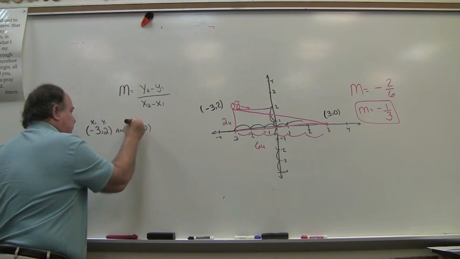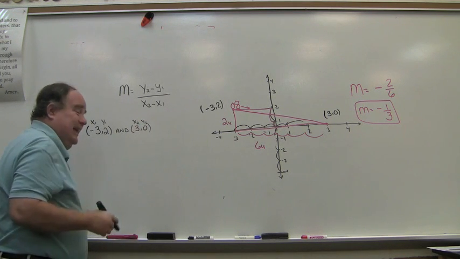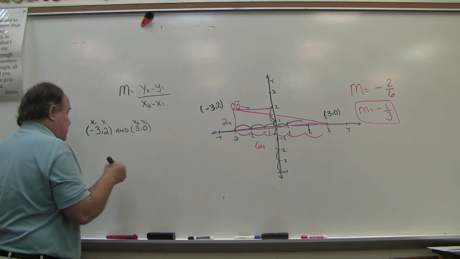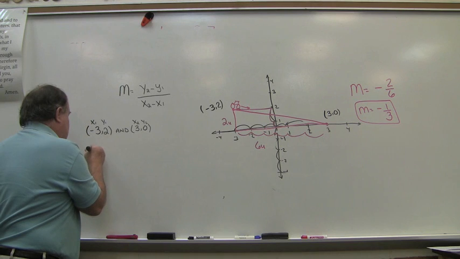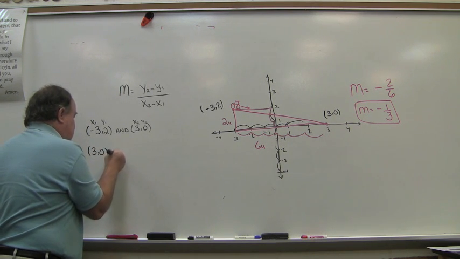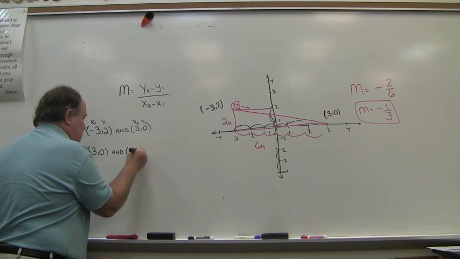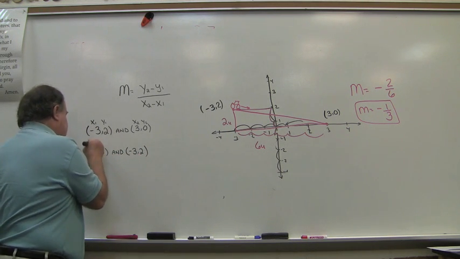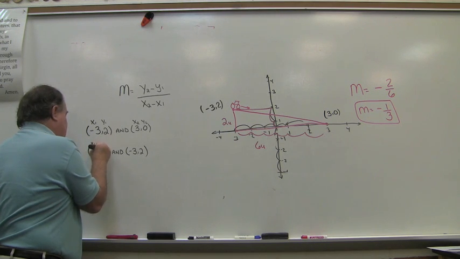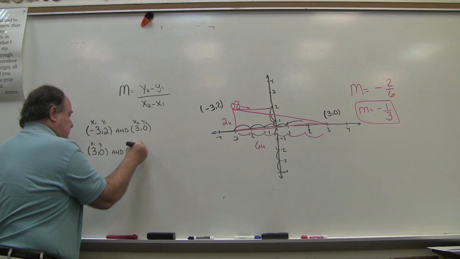Okay, we're going to name this x2 and y2. And you could switch them around. If you don't like them that way, you can write 3, 0 this way, and put this guy over here, negative 3, 2. And we could call this guy x1, y1, x2, y2.